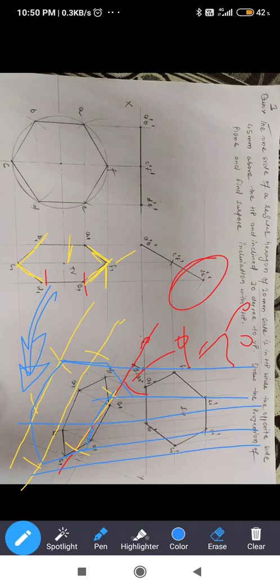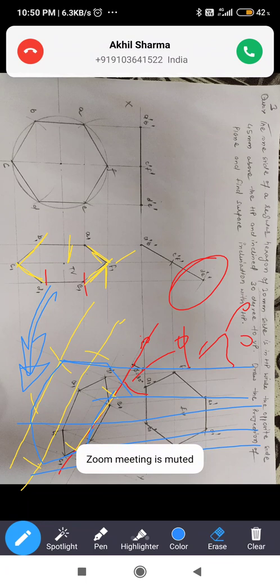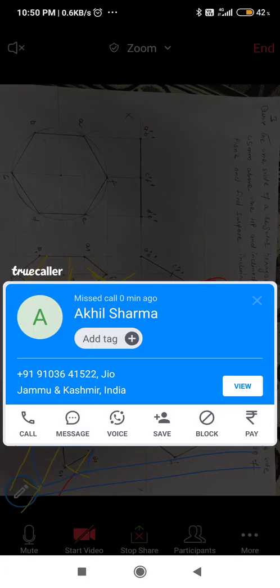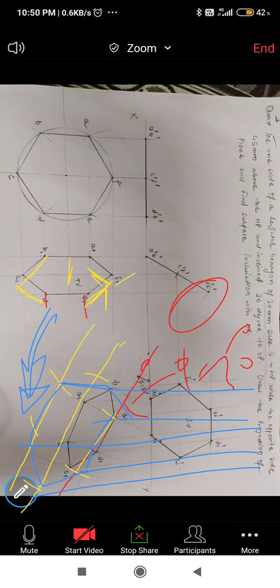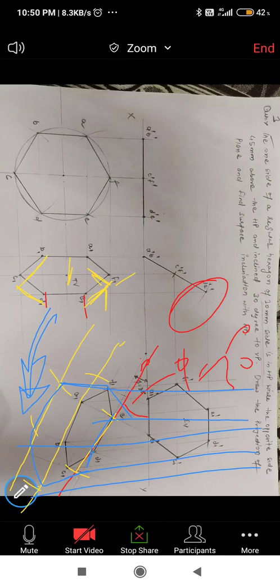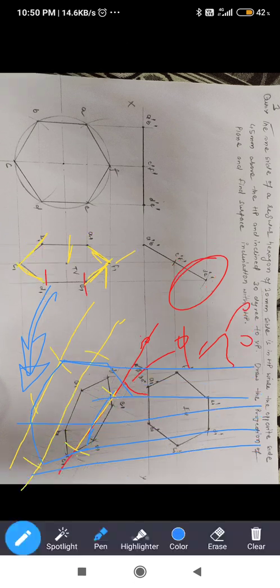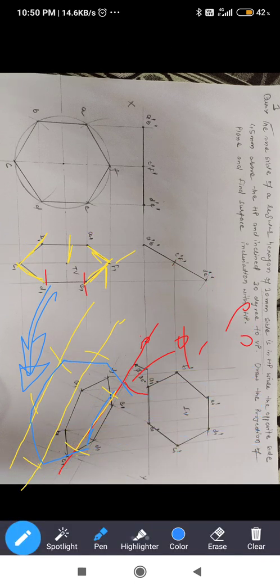After naming all these points above, transfer these lines, and transfer this line here, and this line.